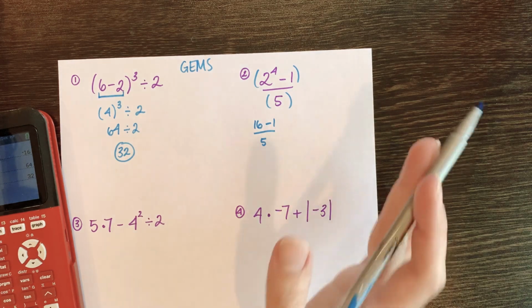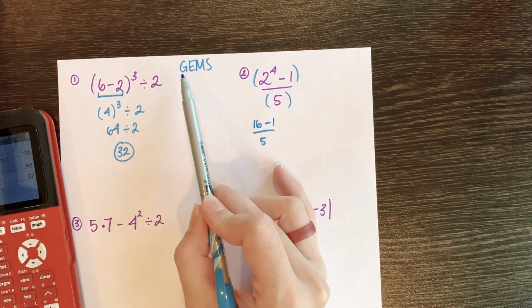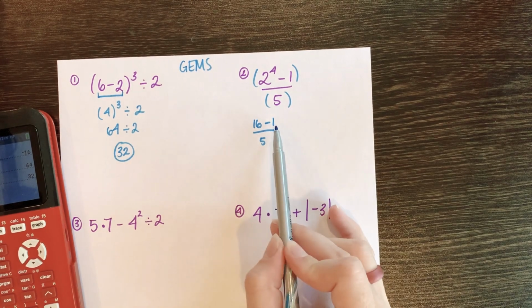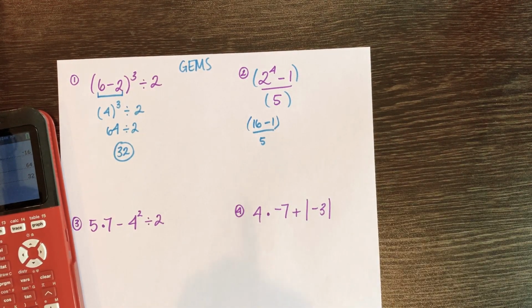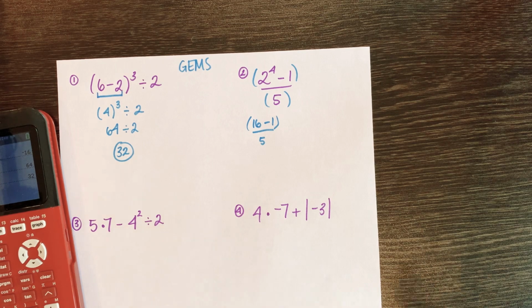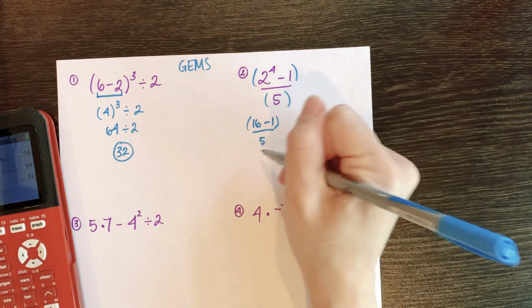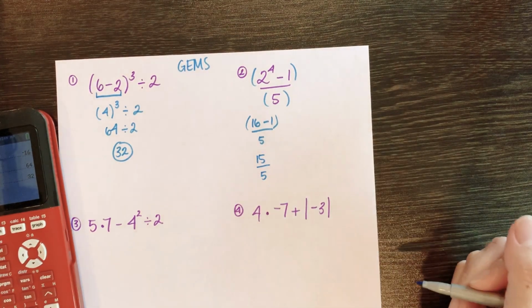So again, you want to realize that in GEMS, the G, grouping symbols, does include that numerator as its own piece, because that fraction bar, that division bar, counts as a grouping symbol. It's grouping everything in the numerator together and everything in the denominator together. So I have to do my 16 minus 1, then I'll do my division.